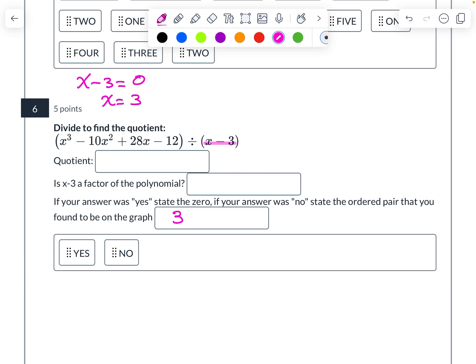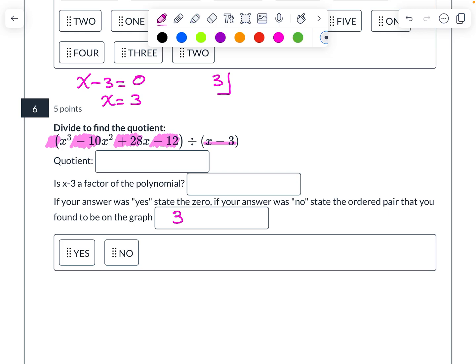Then I'm going to take the number 3, put it in the box, and then I'm going to do synthetic division. And again, I'm going to remember that synthetic division uses the coefficient of this number, the coefficient of this number, the coefficient of this number, and this number.